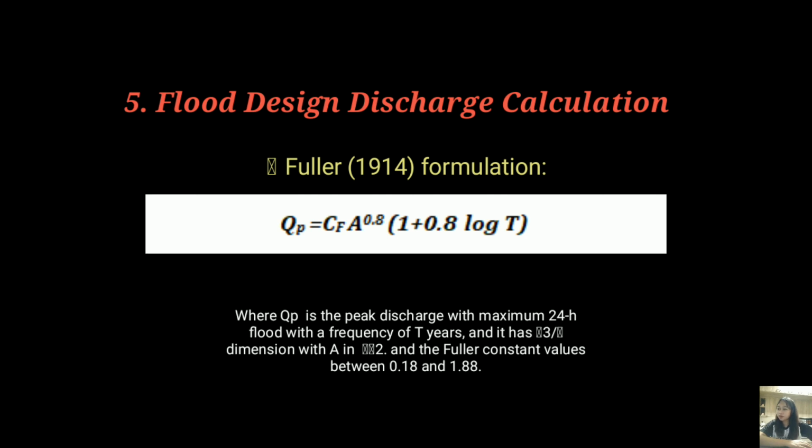Its expression is given as QP is equal to CF A to the power of 0.8 times 1 plus 0.8 log T, where QP is the peak discharge with maximum 24-hour flood with a frequency of T years, and it has cubic meters per second dimensions with A in square kilometers, and the Fuller constant values between 0.18 and 1.88.